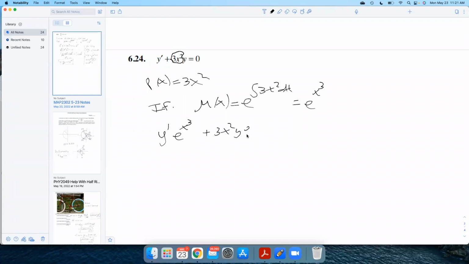Order doesn't matter here. Where I put this guy in this term here doesn't matter because multiplication is commutative. Okay, then we should check that the left-hand side is the derivative of, and it's always the same thing, the integrating factor, that thing you got right there, times y.